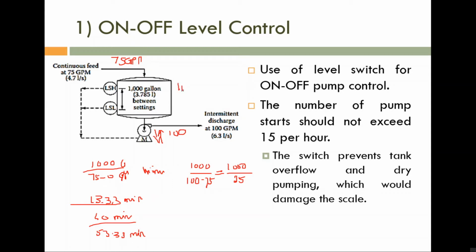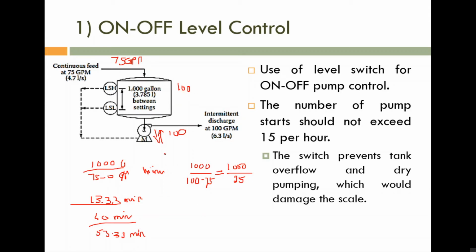If the tank size is 100, what will happen? Instead of 1000, if the tank size is small, or if the flow rate is different, definitely the cycle time, the pump operation time or the pump switching time will change. Am I correct?